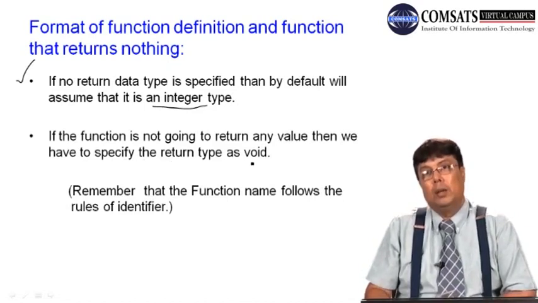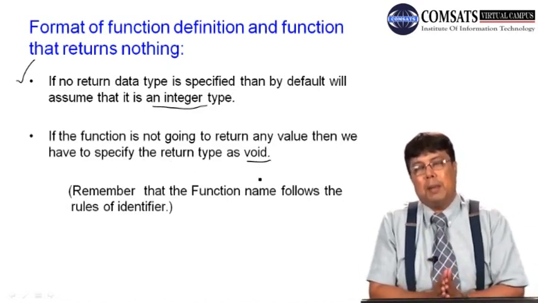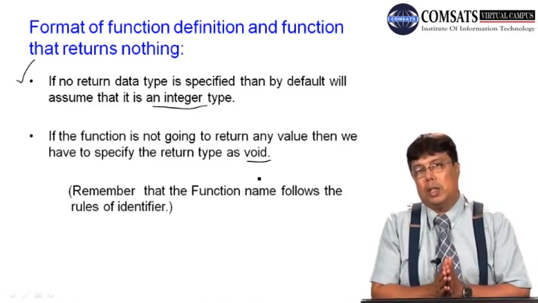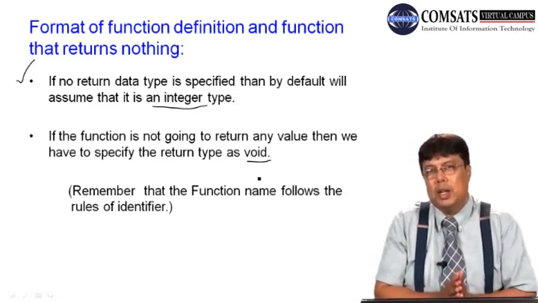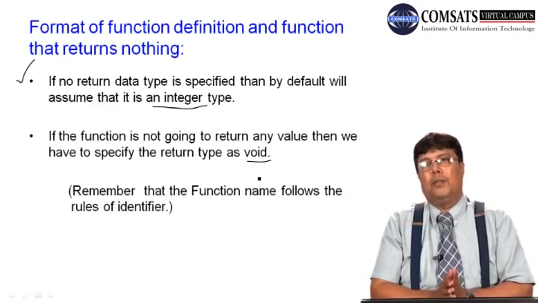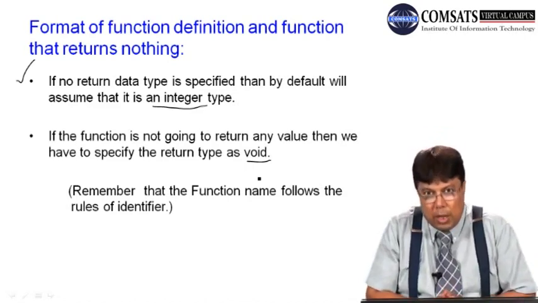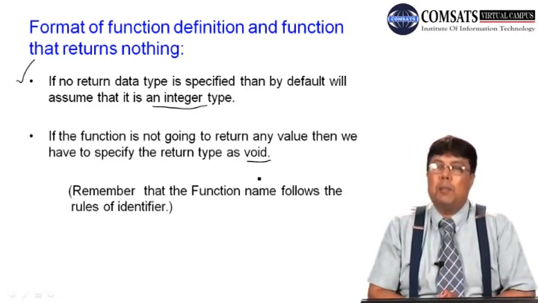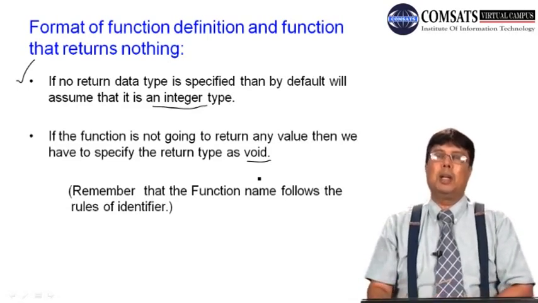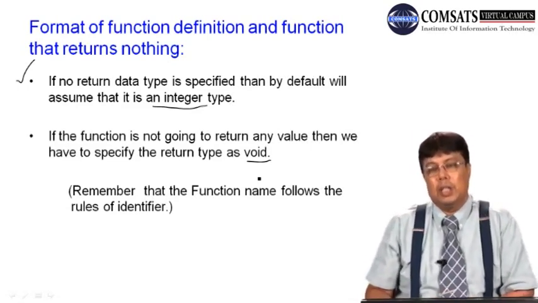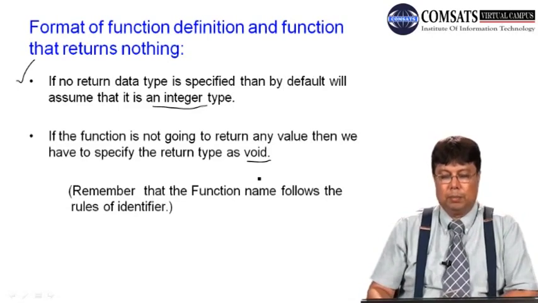Did you understand the difference between the two? If you skip it, the function is assumed to return an integer, but if the function is not supposed to return anything, then you will not skip it; rather you will specify the data type, which is called void.